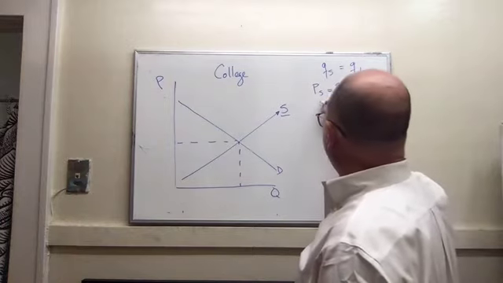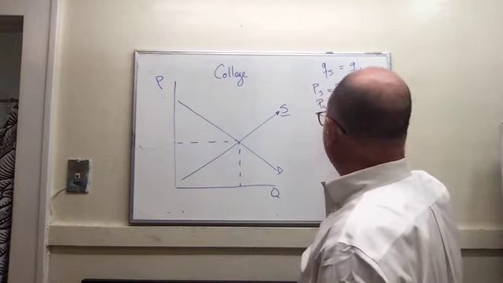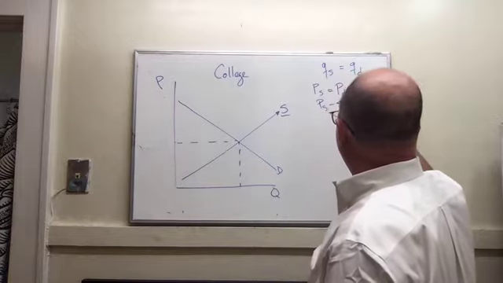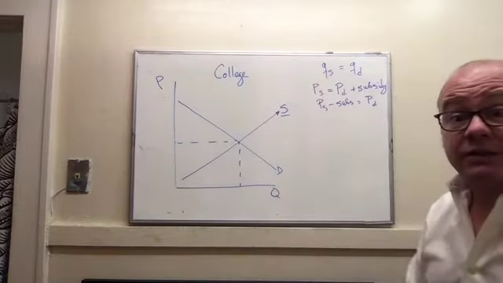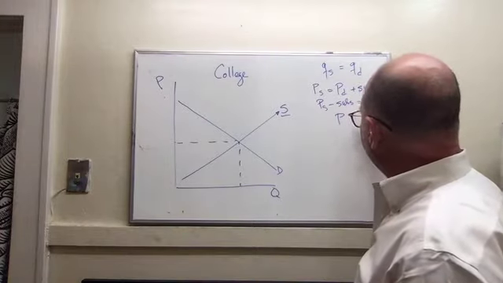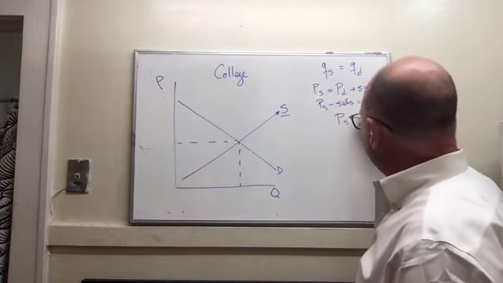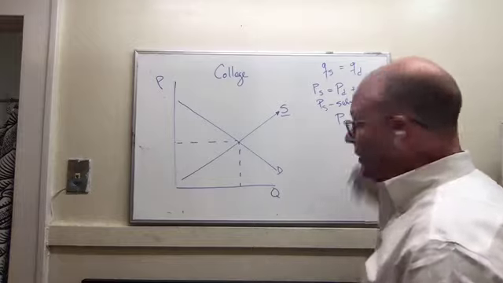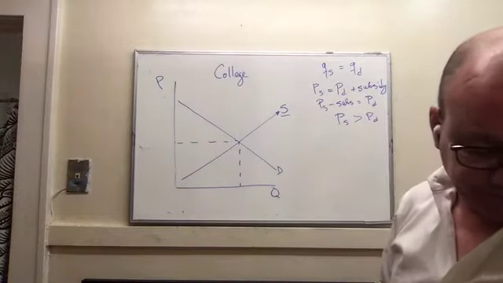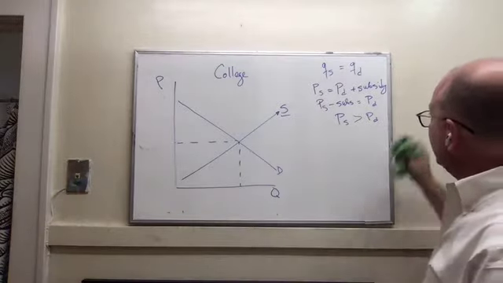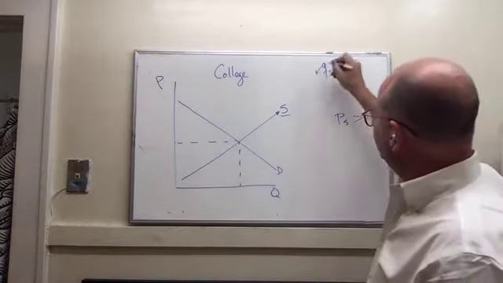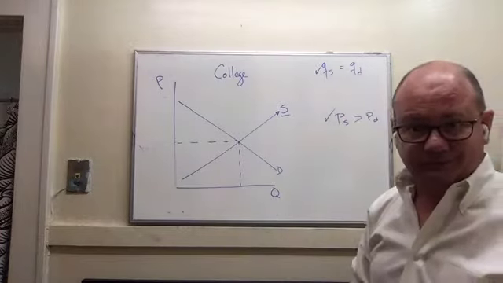The other way to look at this would be the price suppliers receive minus the subsidy is equal to the cost consumers bear. This is the same thing as saying that the price suppliers receive is greater than the amount that consumers give up. All right. So now we have to find somewhere where this is true and this is true.